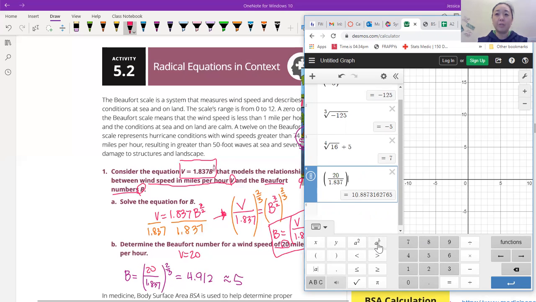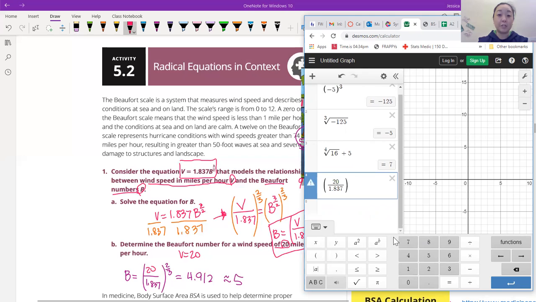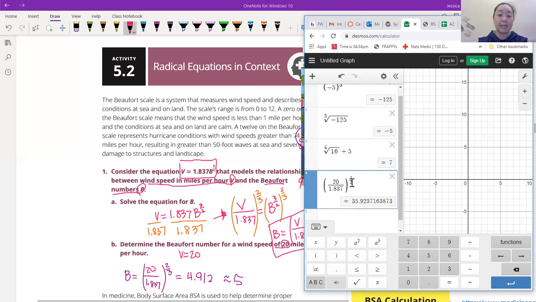Then we go to the A to the B, 3/2, and I check here to make sure that it stays as a fraction. If you do not have one of these calculators that do the fraction for you, you may need to put parentheses around them, or else it'll just divide the whole thing by 2, and that's bad. So that is what we want. Or if you want to put 1.5, that totally works, because 3/2 is the same thing as 1.5.